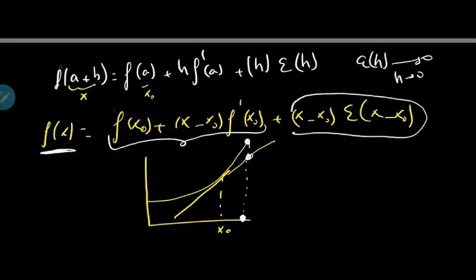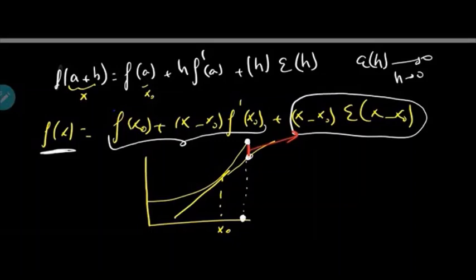This represents the difference, and I will put it in red, the difference between these two points. You see? So we are saying that the function f can be approximated by the tangent, but we will always have a small difference.